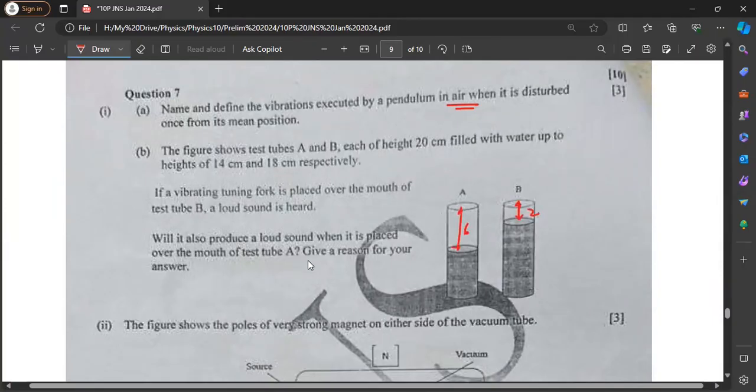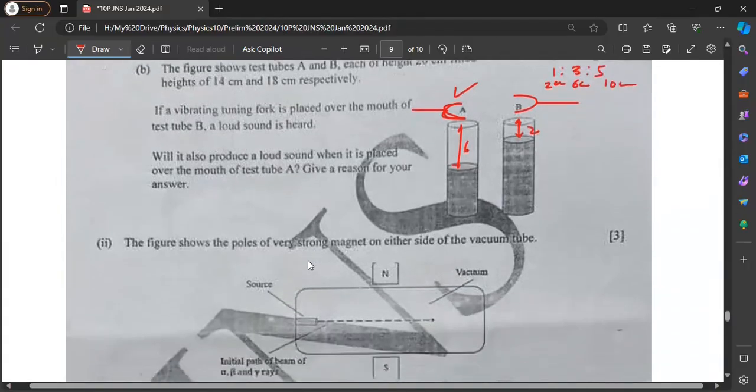If the vibrating tuning fork is placed over the mouth of the test tube B, a loud sound is heard. So that means there is resonance happening at 2. Will it produce a loud sound when placed over A? Yes, because the air column closed at one end has odd multiples. So if this is happening at 2 centimeter, this will happen at 6 centimeter and 10 centimeter. So answer is yes, it will.